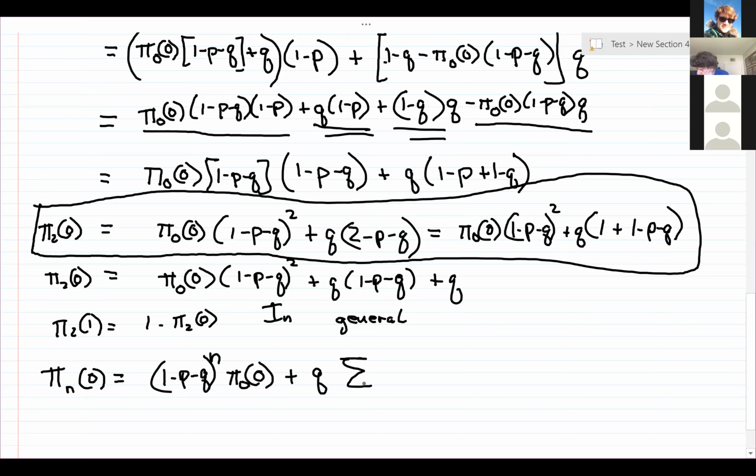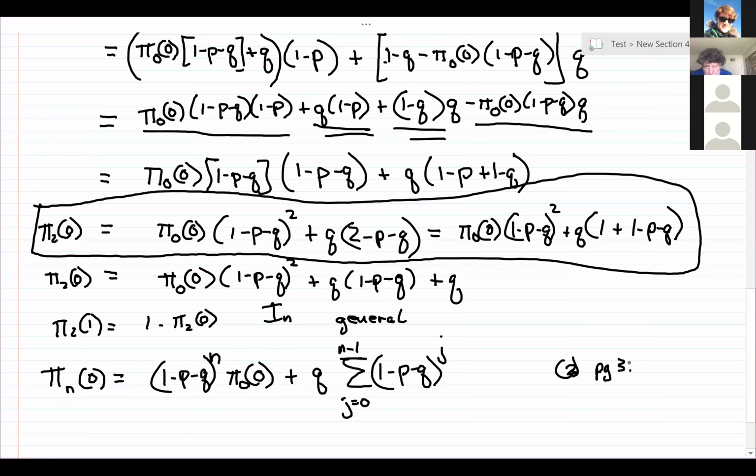The summation from j equals 0 to n minus 1 of an expression that looks like (1 minus p minus q) to the j. And that's equation 2. What do they call this? Equation 2 on page 3.